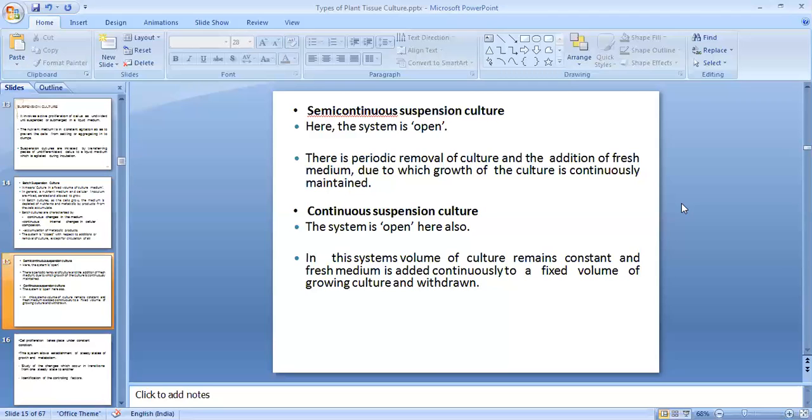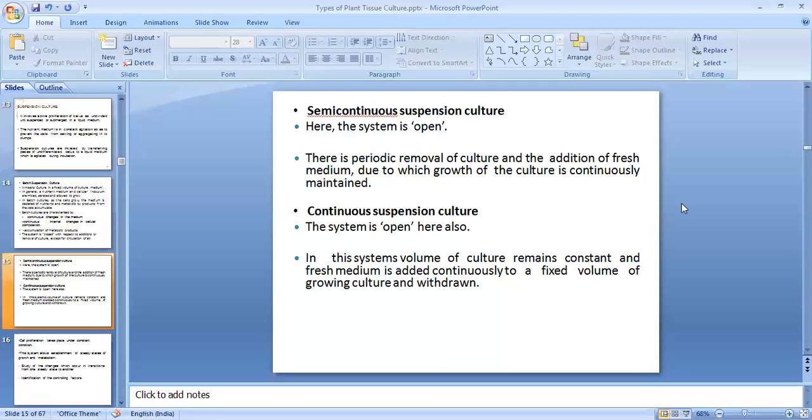Whereas in case of your continuous suspension culture, you are not doing so, because it is a continuous culture. Here all the things are predetermined. The culture medium is continuously allowed to flow into the bioreactor, and the cells are inoculated. It is allowed to grow or to produce the secondary metabolites.